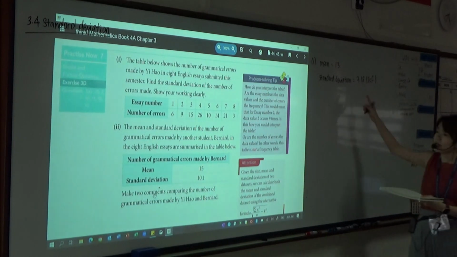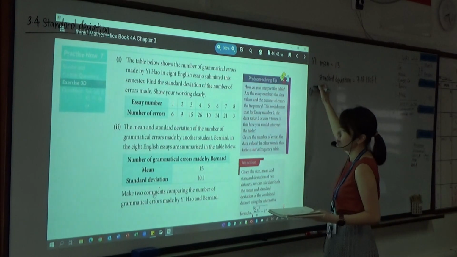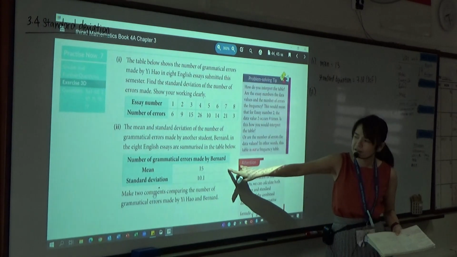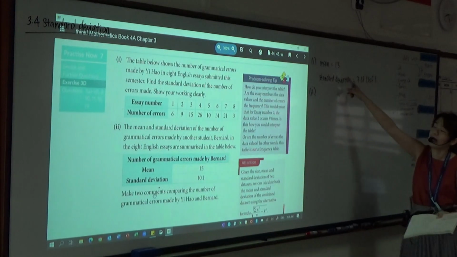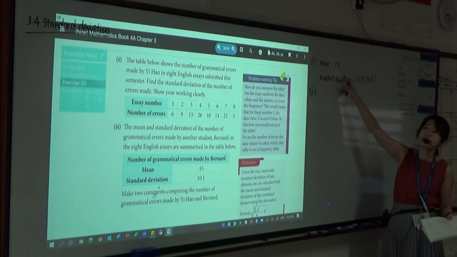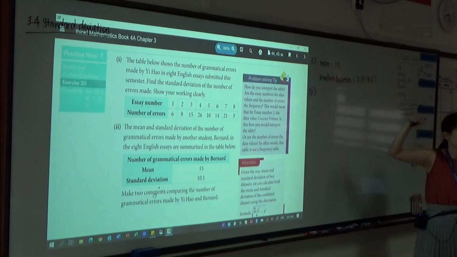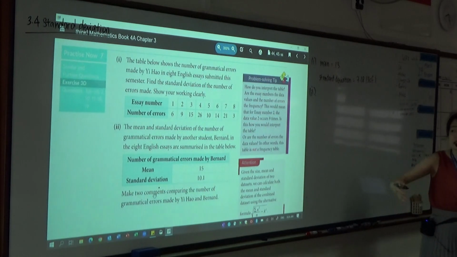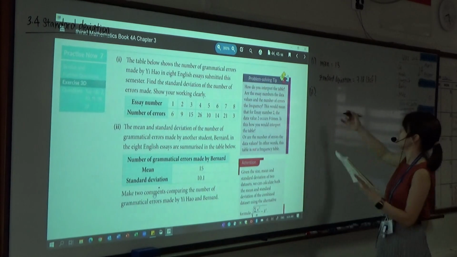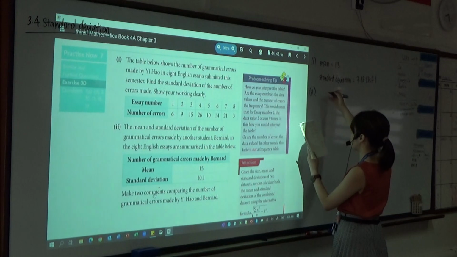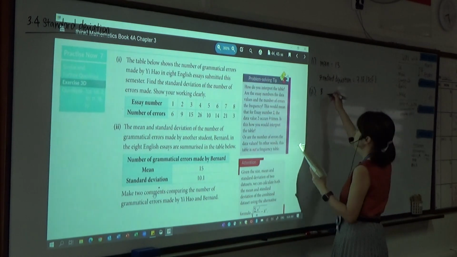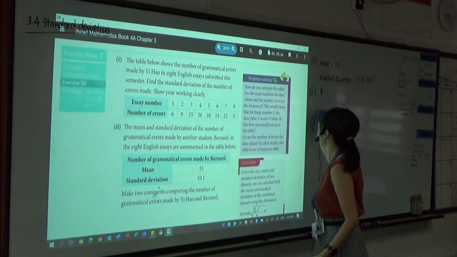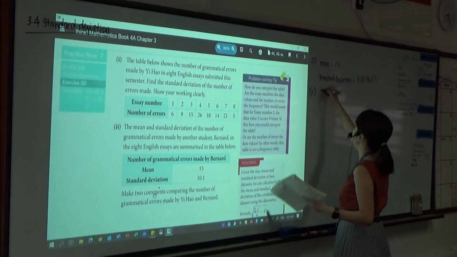Now we compare the values to part 2. Looking at the mean itself, the mean for Bernard is 15, while the mean for Yihao is actually 13. That means that in general, Yihao made lesser grammatical errors as compared to Bernard himself. So that is the first thing that we can actually write down. So we say that Yihao.